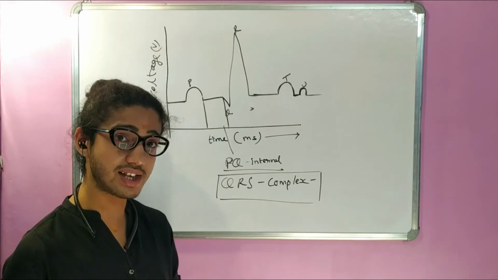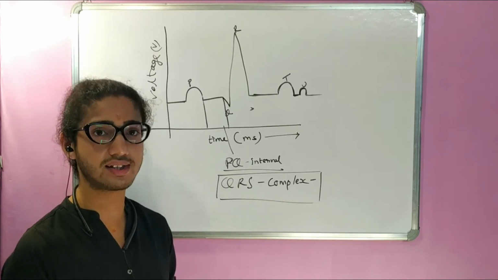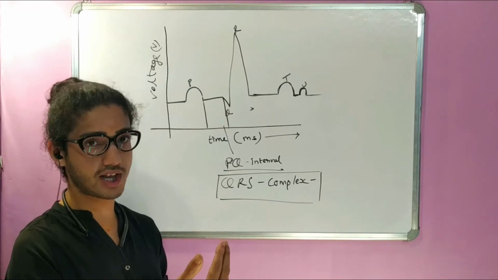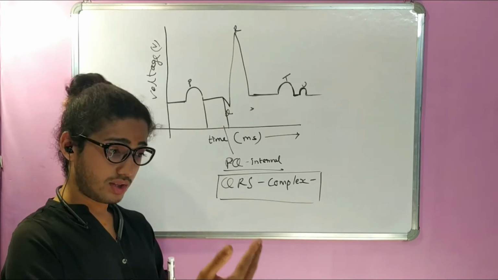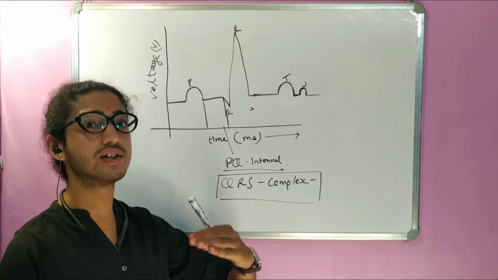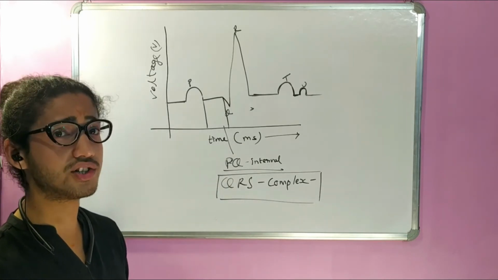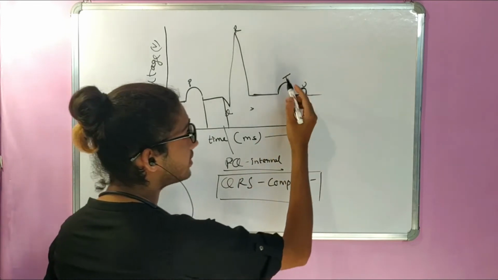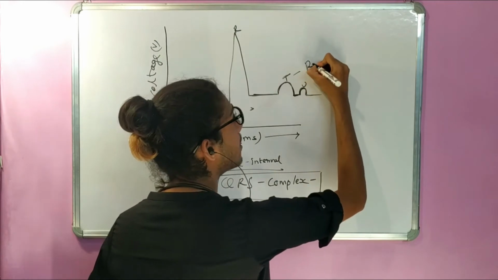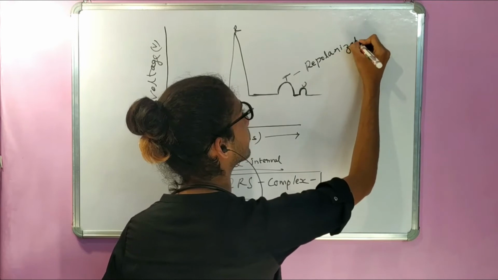At the resting stage of the cell, there are more negative ions inside and more positive ions outside in the environment. This is exactly reversed when depolarization happens. So when it comes back to its actual resting stage, it is called repolarization. That repolarization is observed by the presence of this T wave. So the T wave represents the repolarization of the myocardial cells.